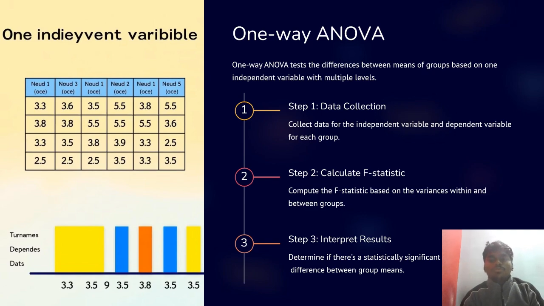Step 2. Calculate F statistic. Compute the F statistic based on the variances within and between groups. Step 3. Interpret results. Determine if there is a statistically significant difference between group means.